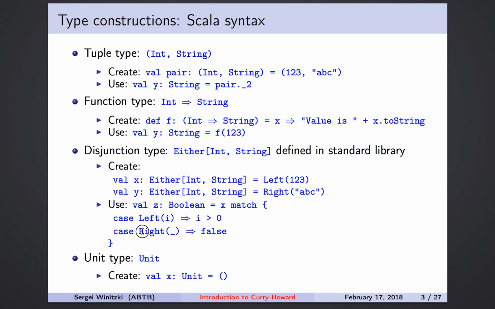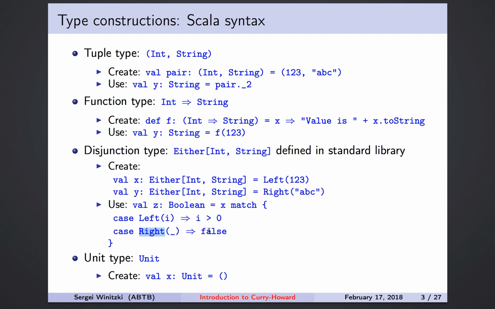The second case is that you have a Right label. So in this case, our example does not actually need to use this value, so the syntax is to write underscore, meaning that we do not need to use the value that is inside the disjunction part with this label.